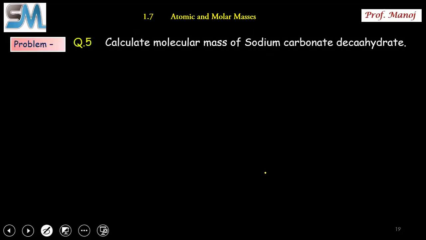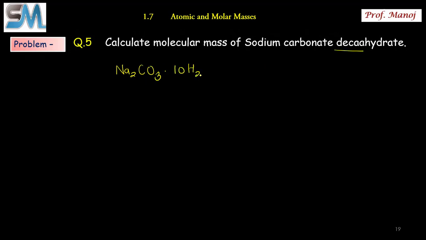Another one, the next substance they have given is sodium carbonate, which is Na2CO3, decahydrate, 10H2O. Once again, water's molecular weight is 18. This is 10. So water's component is 180. Sodium itself is 23.